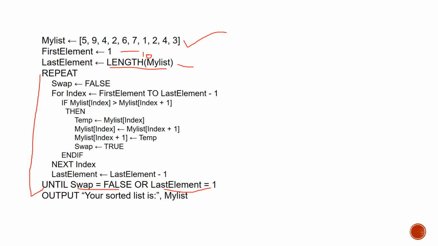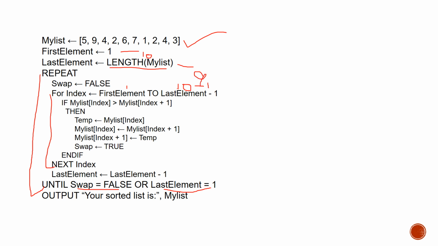So swap equals false currently. And here I am using index. The first element is 1 and the last element means 10 minus 1, which is 9.